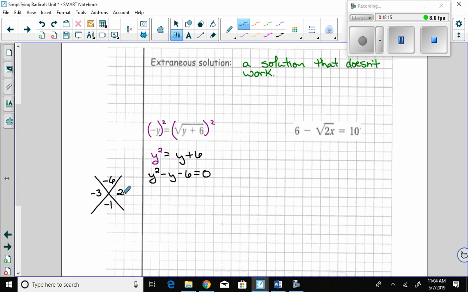Because that's a coefficient of 1, I can go straight to the answer. y minus 3 is one factor, y plus 2 is the other. So either y minus 3 equals 0 or y plus 2 equals 0. So y is either 3 or negative 2.